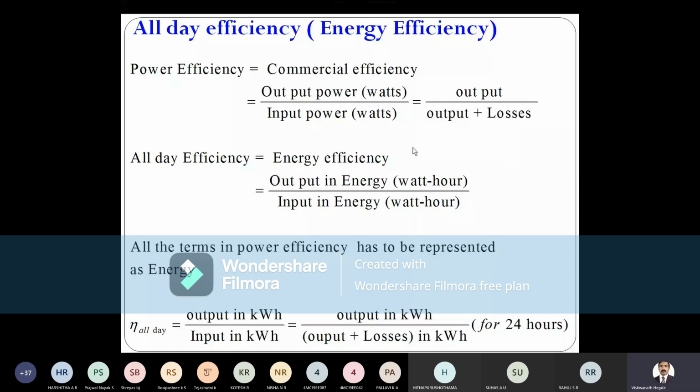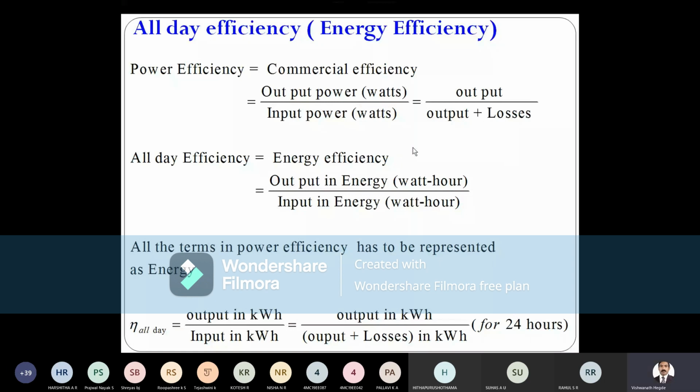See, in case of distribution transformers, there will be load variation for the 24 hours. Morning to evening, there will be load variation. Evening to next day morning, there will be load variation.